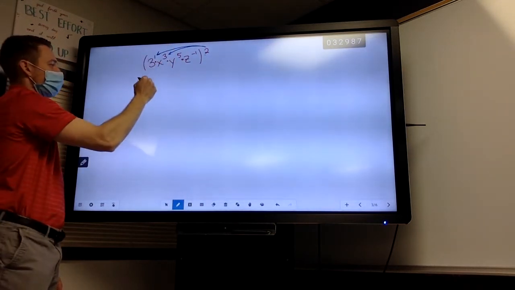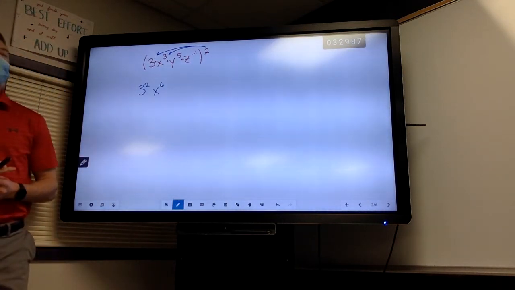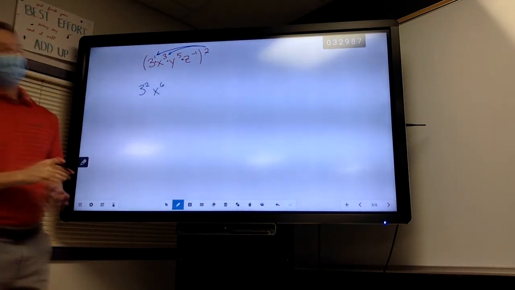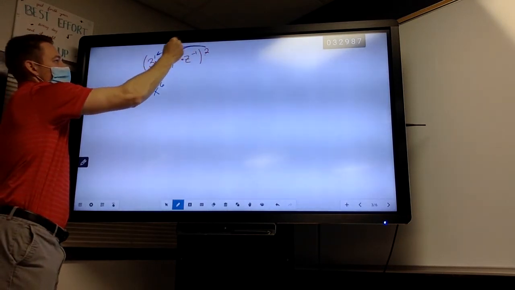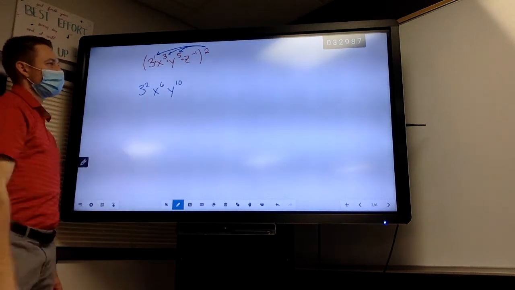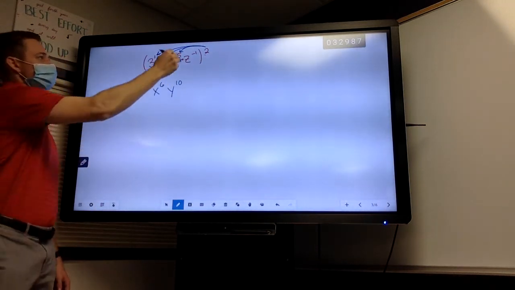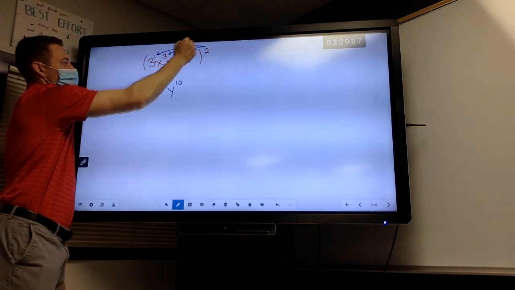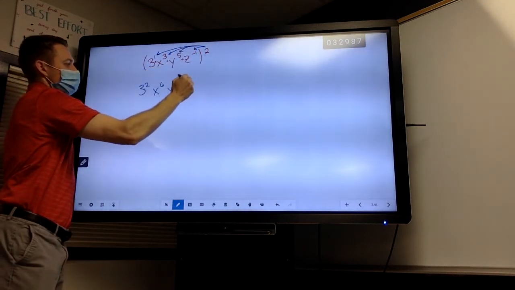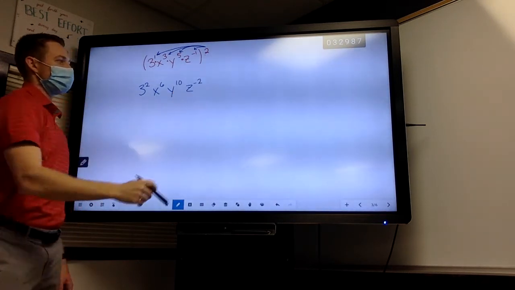So this becomes x to the sixth. What's 2 times 5? 10. So we have y to the 10th. And lastly, 2 times negative 1 is negative 2. So we have z to the negative 2.